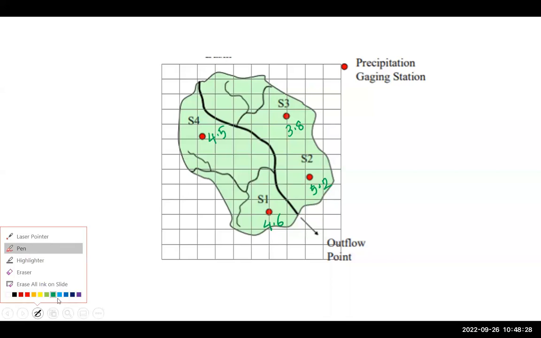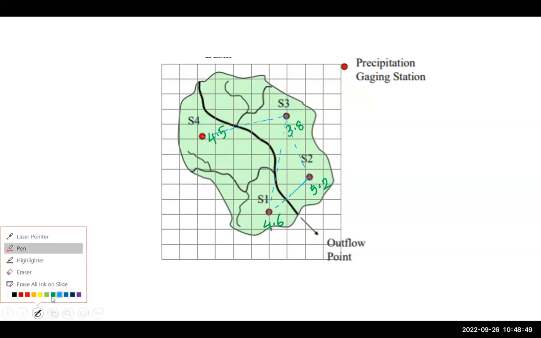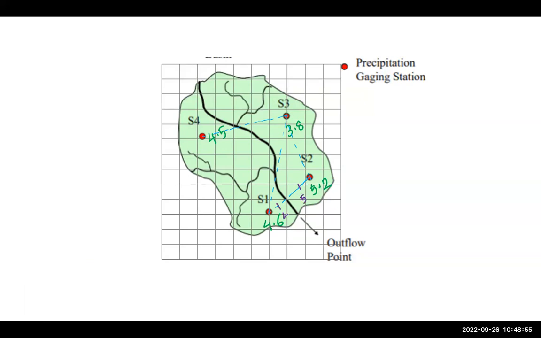Obviously, the very first step is the same. You will connect all the lines, right? If you want to connect 4.5 and 4.6, you can do that, but it's almost the same. Now, in between 4.6 and 5.2, I tried to find where is 5, where is 4.5.